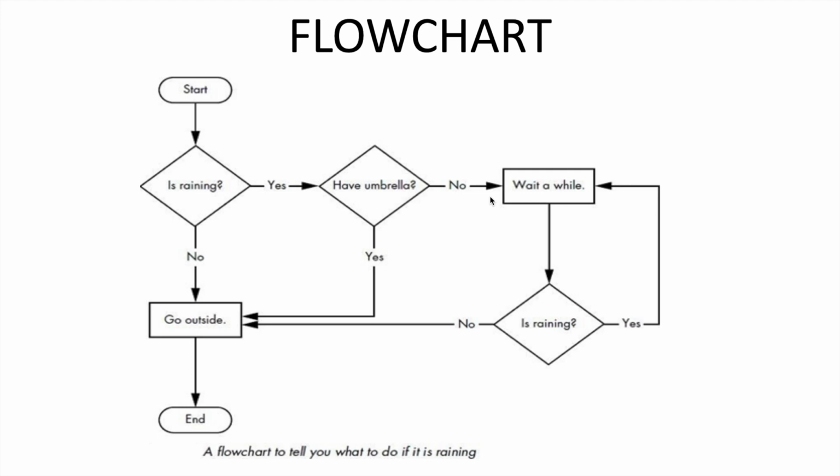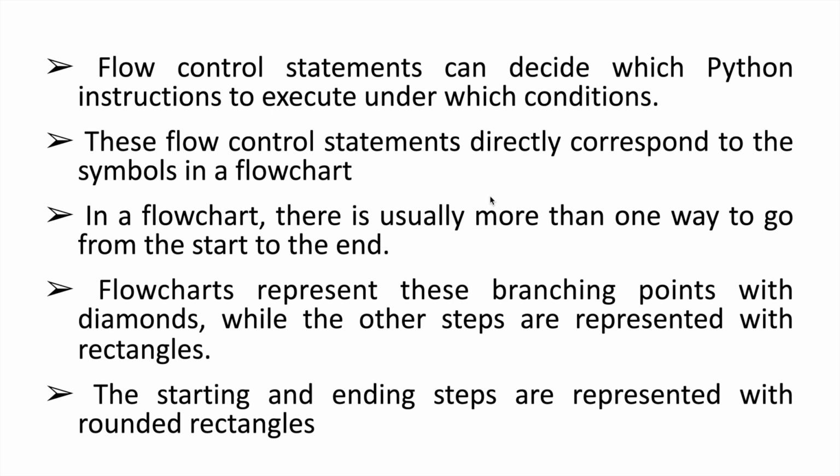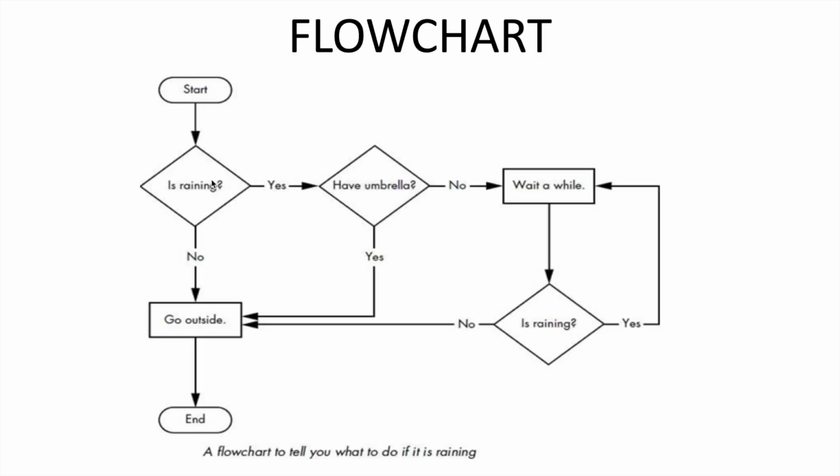Now, to write a flowchart, we can't simply write one. We have some syntax to write a flowchart. What is that syntax? See, flow control statements directly correspond to the symbols in flowcharts. Decisions and conditions are represented. If you have an umbrella or if it's raining, these conditions are represented in a rhombus.